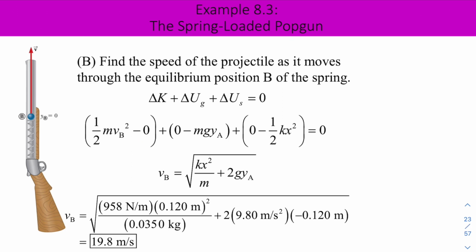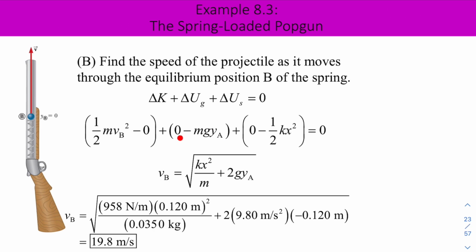Minus kinetic energy initial, which is 0, start from rest, plus U gravity final, because at y equivalent to 0 it is equivalent to 0, and then minus mg y initial, which is from A at y_A.